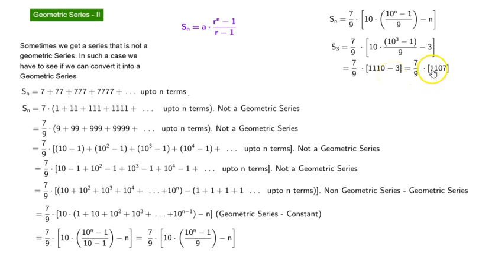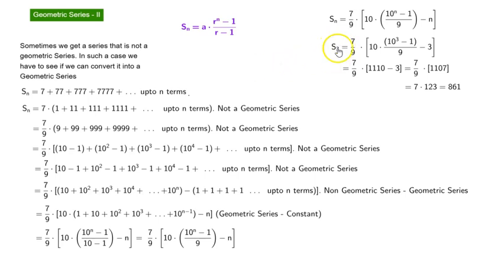Now here, 9 ones 9, 2 remainder 20, 9 twos 18, 2 remainder 27, 9 threes. So we have 7 times 123, which is equal to 861.